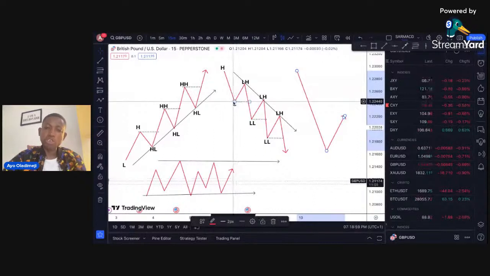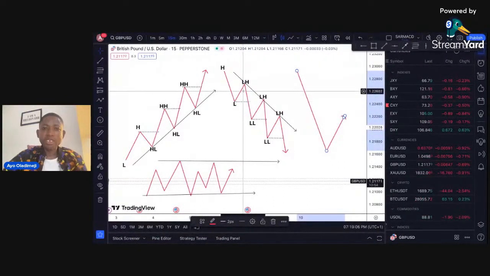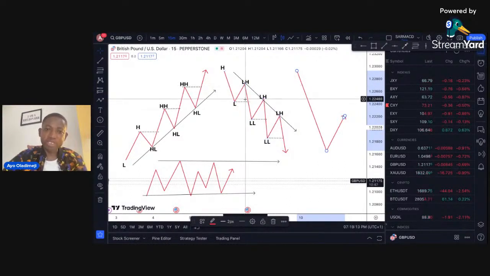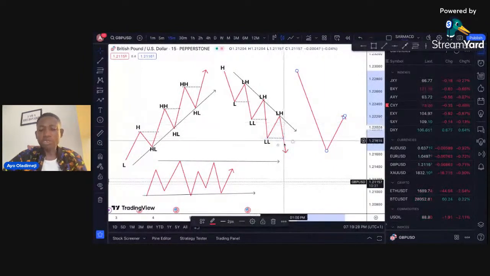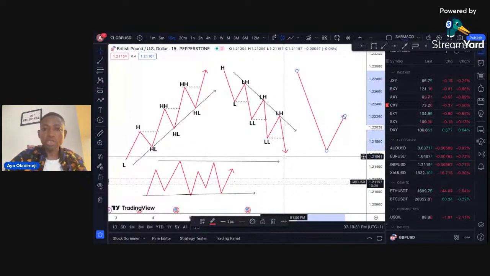So for this downtrend to be valid, we have to have an impulse move that breaks this low to give us a lower low, and then a pullback leg from a low to a high, and then another impulse move that breaks the low to give us a lower low, and this series will just continue like that.